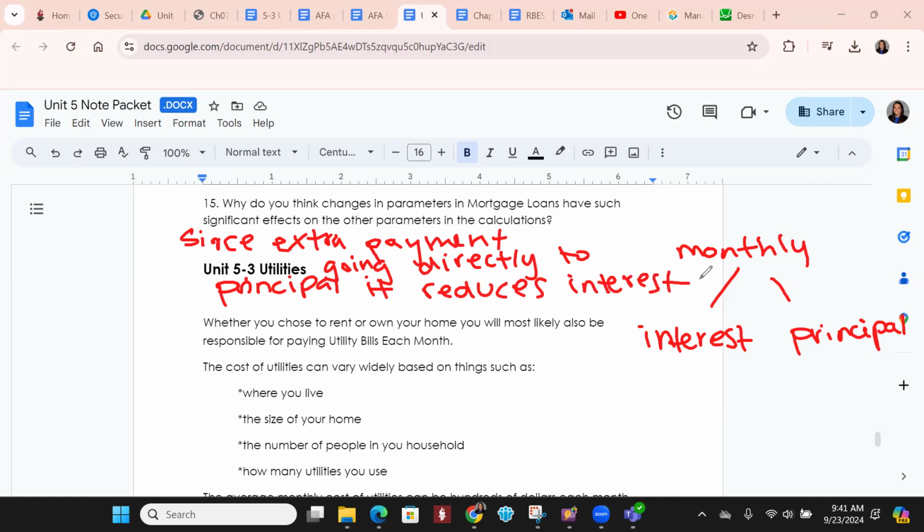Remember how when we were calculating the interest, it would drop down after a certain point, like a dramatic difference. The more that we reduce the principal balance, the less interest we have, which means the principal balance is being paid off more. It makes it cheaper for us. We own the house quicker.